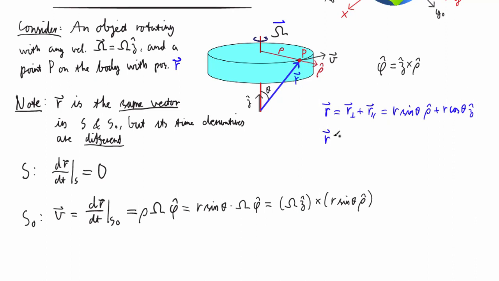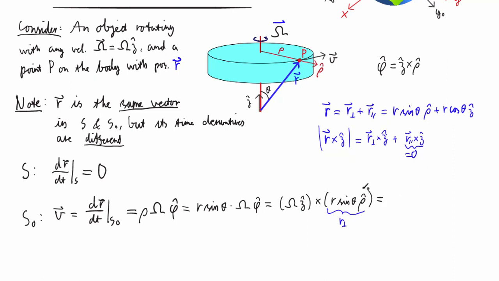Now if I take r cross z, or r cross z hat, we can see that this term has to equal 0 because it will actually essentially be z cross z. So we can write this term here as r perpendicular.